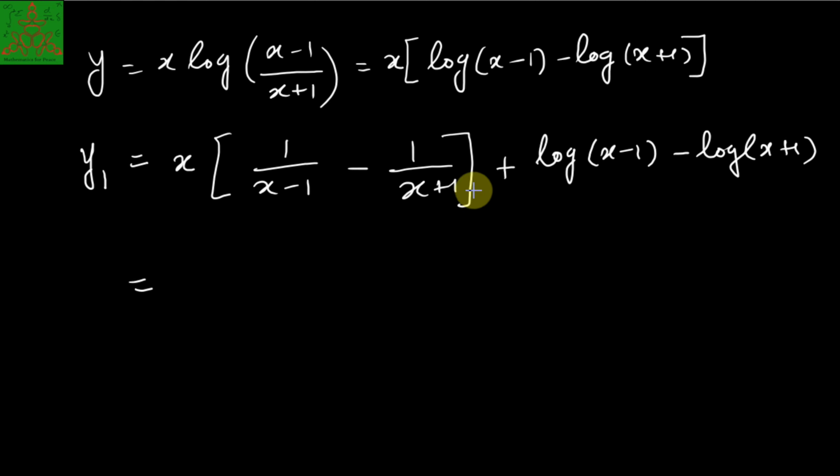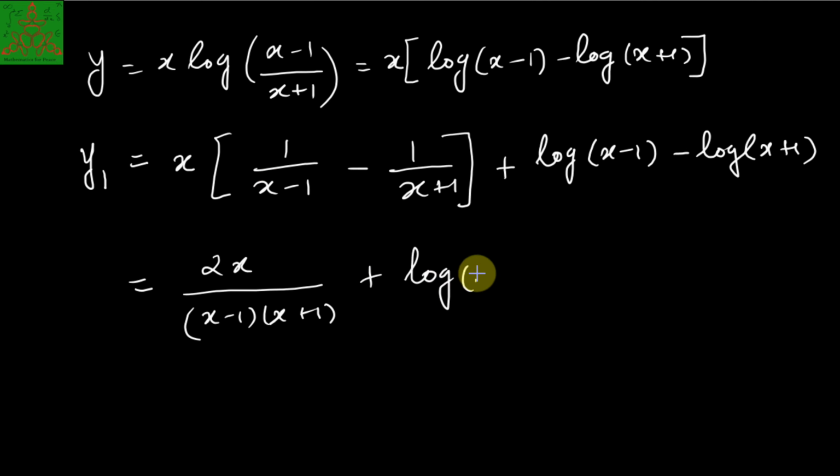Now this expression I can write down as 2x upon x minus 1 times x plus 1, because if you take the LCM on this, you can see that only the 2 is left, plus log of x minus 1 upon x plus 1.